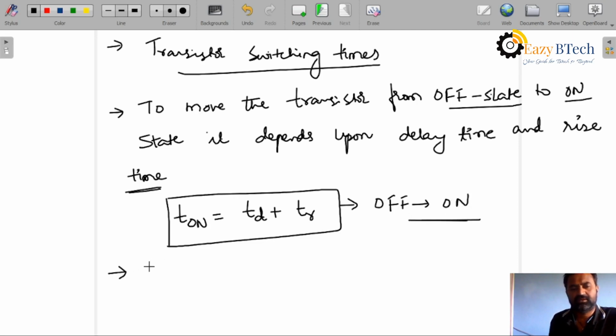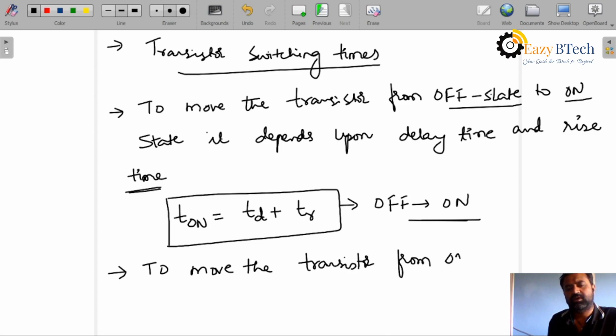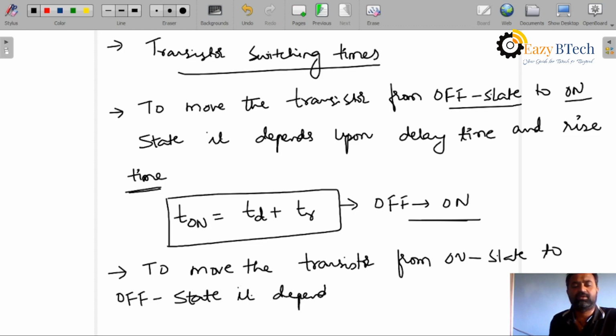Next, to move the transistor from on state to off state, it depends upon storage time and fall time.